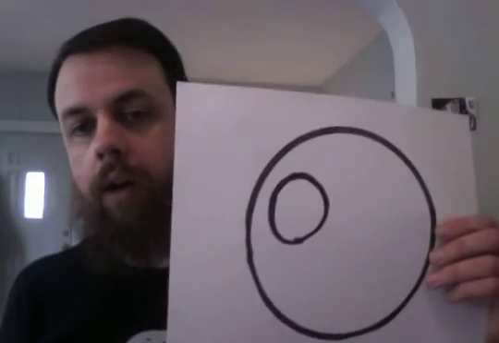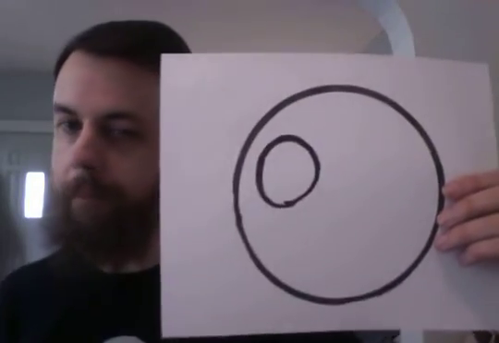So for letter B, for the B alphabet face, first we're going to need an O. So let me draw an O. Here's my first O. So right beside it, we're going to do another O.